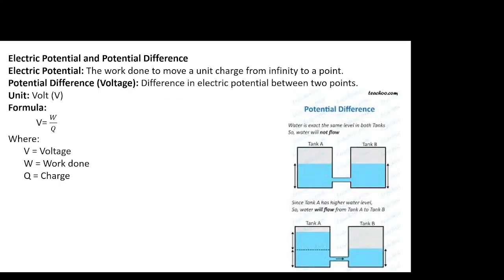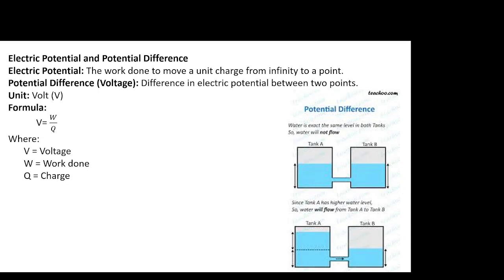The next term is electric potential. Okay, you know the potential difference. Here is an example of two tanks, A and B, given in this diagram. Both tanks have the same level of water, and the two tanks have a connecting pipe.